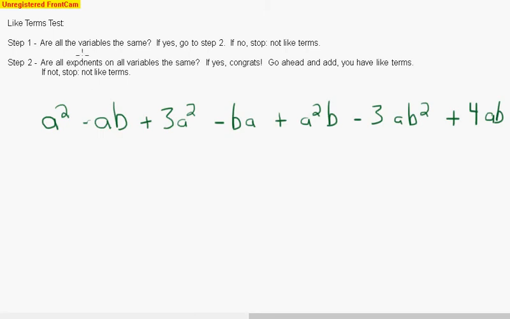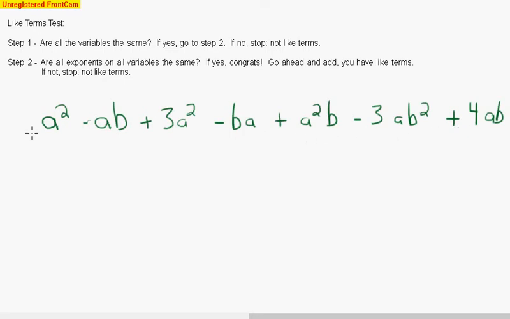Here's a longer example. Here we've got exponents brought into the question. None of the problems you'll have on your lesson for today will actually have exponents, but they go with our test here, and eventually we're going to run into them. So we've got a squared minus ab plus 3a squared minus ba plus a squared b minus 3ab squared plus 4ab.